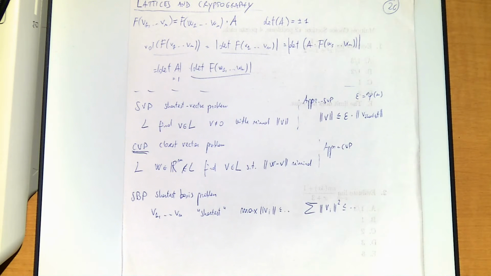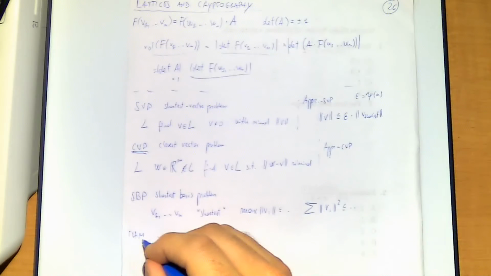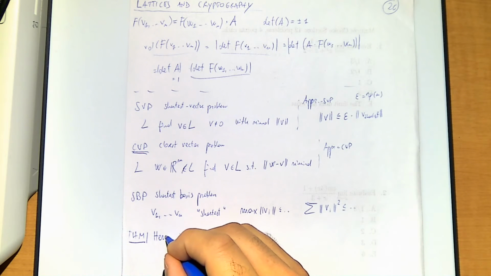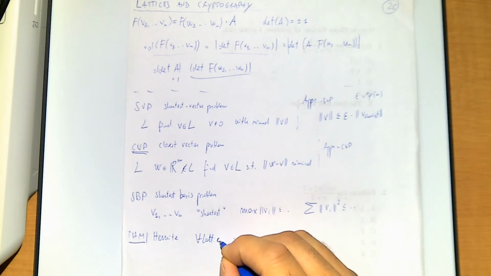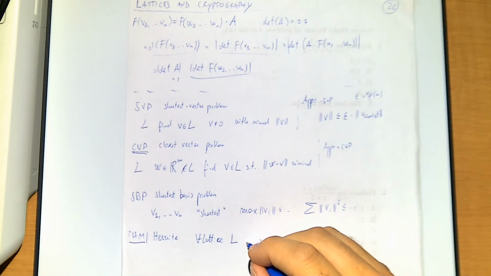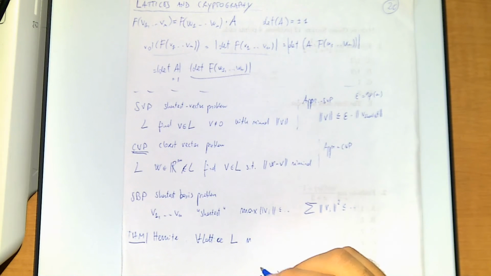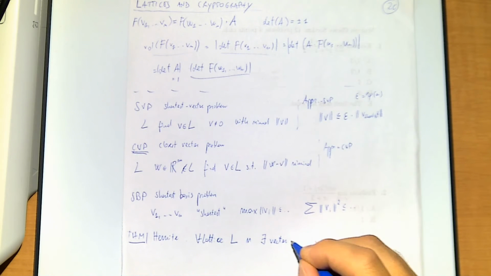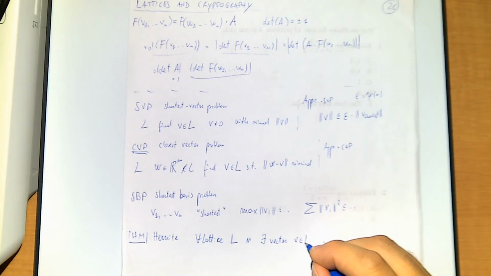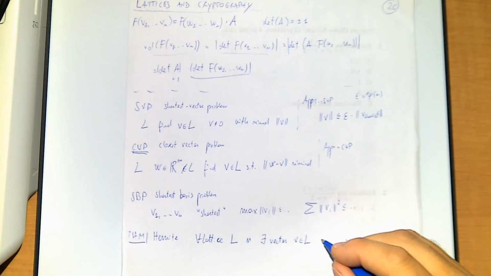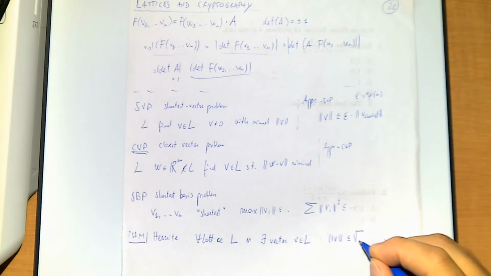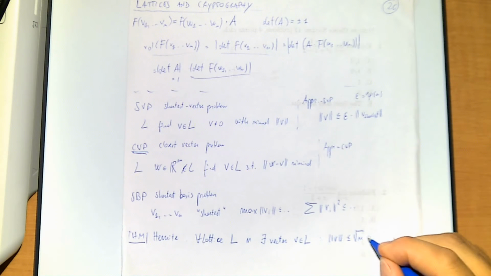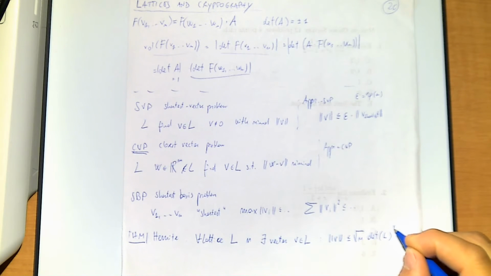this. Okay, so first of all, there's a theorem by Hermite, which says that for every lattice L of dimension n, there exists a vector v such that the norm of v is less than square root of n times the determinant of L to the 1 over n.